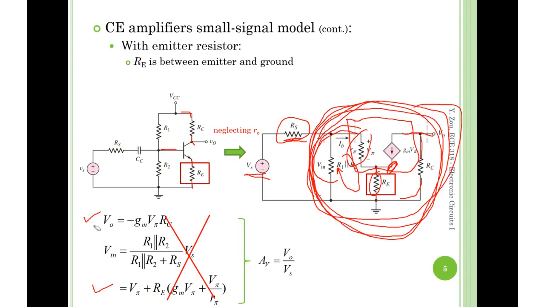So these two equations, V in equals V pi plus VE, and V naught equals negative gm V pi RC, are two correct equations. Very good. I agree with Kevin's idea. KCL. KCL at where then?